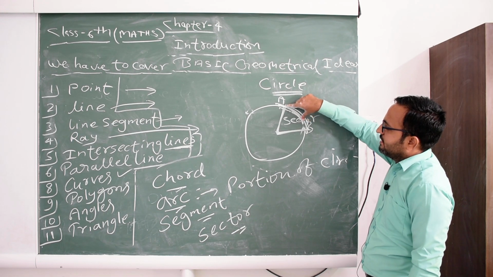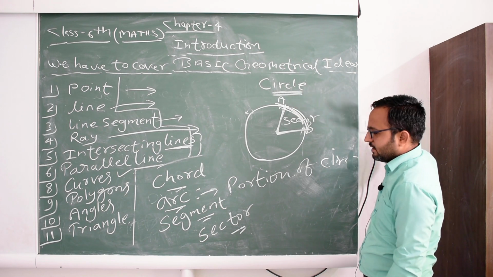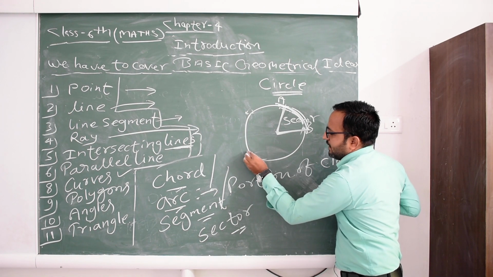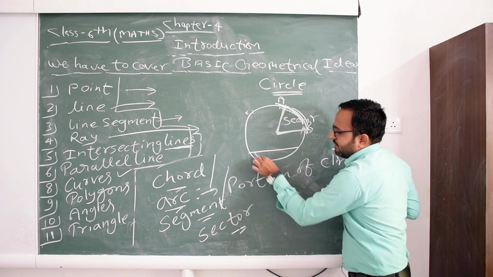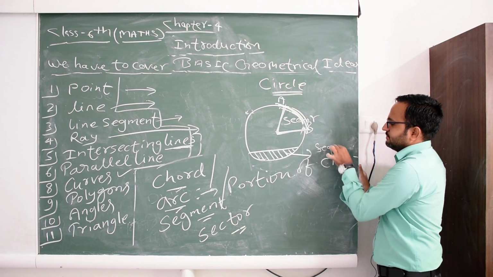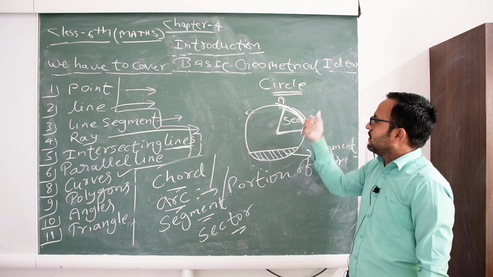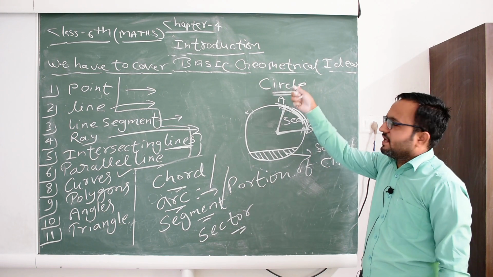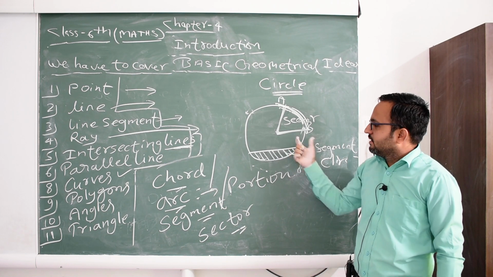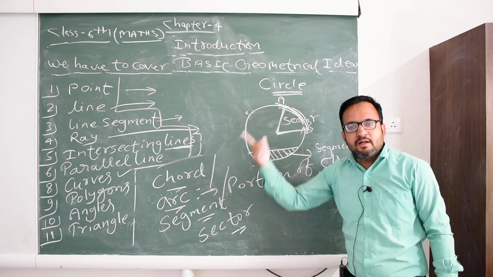If we join two radii with the arc, it forms the sector. But segment is formed by chord. If we draw a chord and shade this portion, it is called segment. So this is segment and this is sector. Okay, so this is the concept regarding the circle. In this circle we discuss center, radius, diameter, chord, arc, segment, and sector.